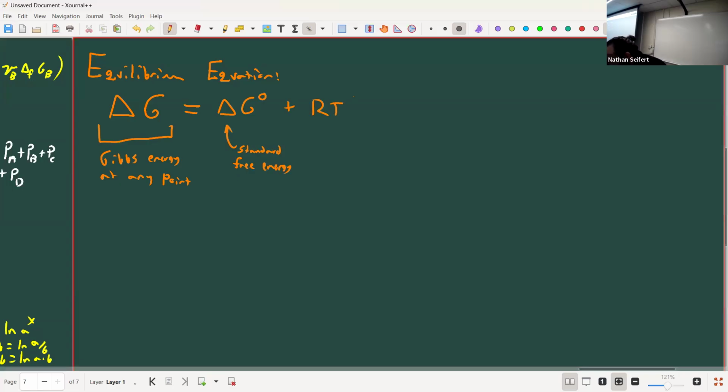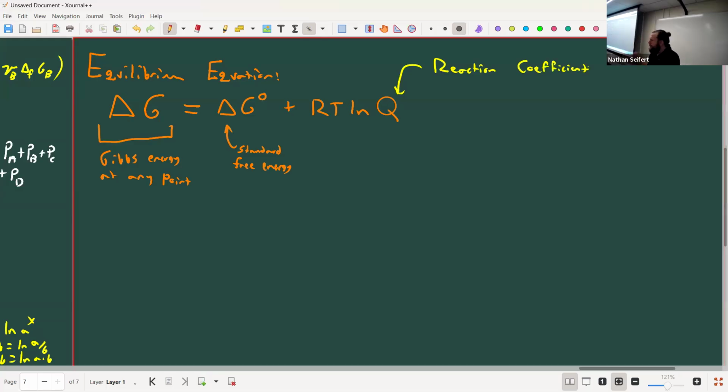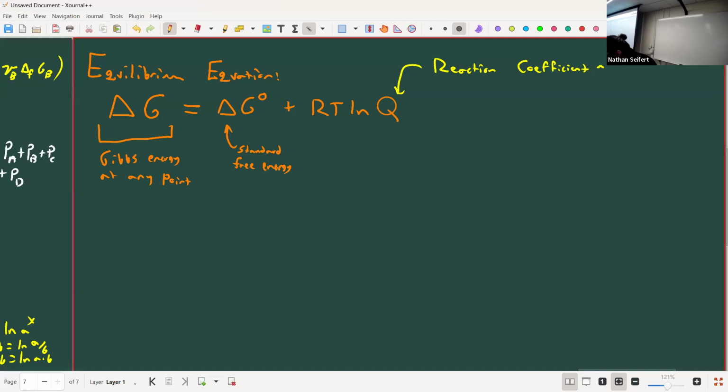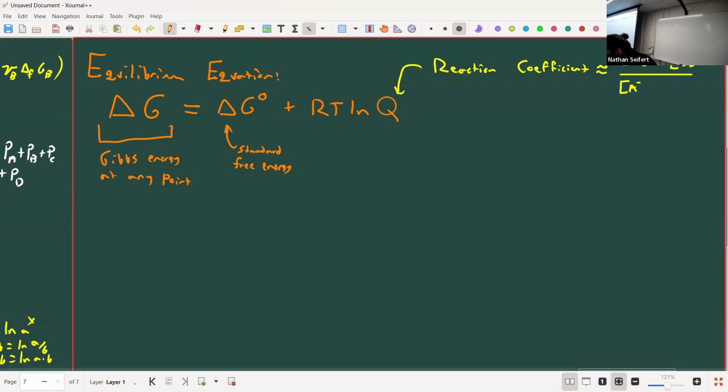Plus RT ln Q. We call Q the reaction coefficient, which we'll talk a little bit about. You can convert it into concentrations, right? It kind of looks like, not exactly, we'll have D to the mu D power times C to the mu C power over A to the mu A power times B to the mu B power, right?